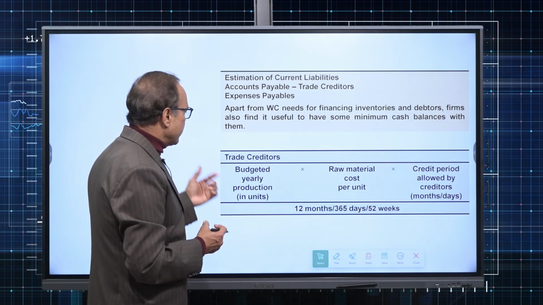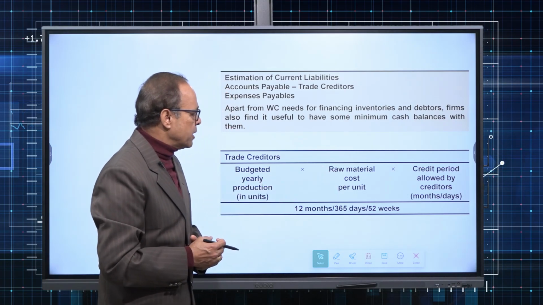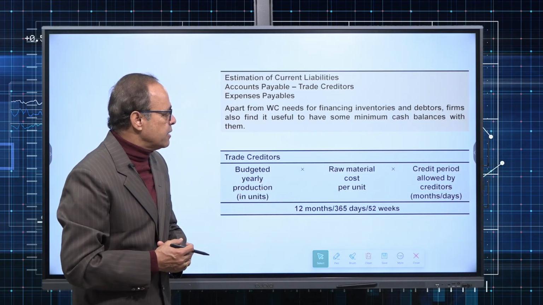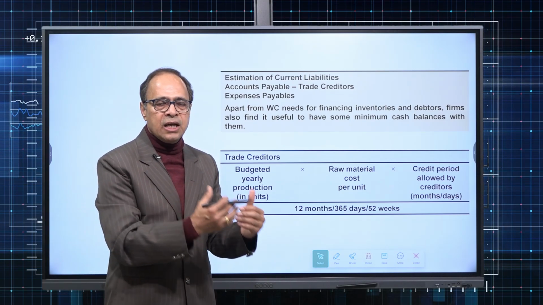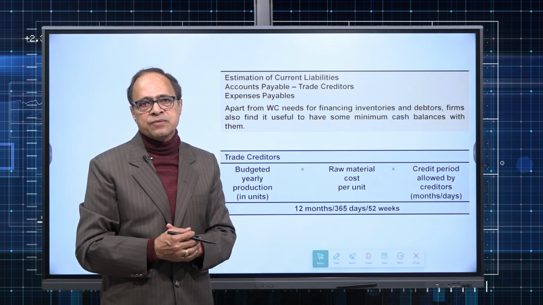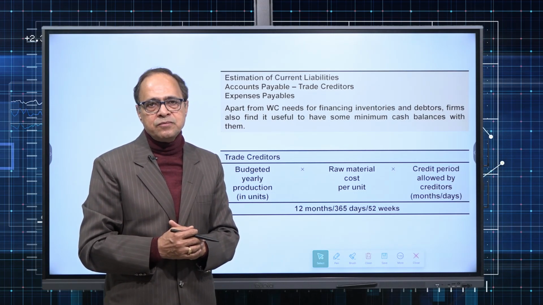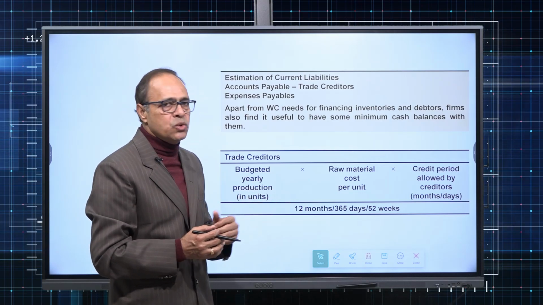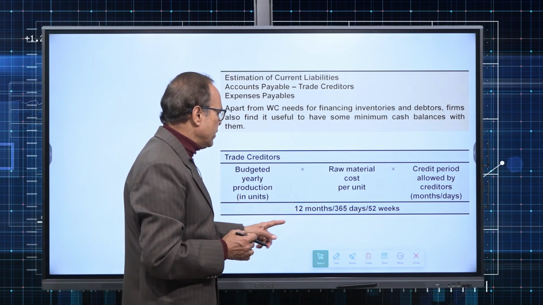So: budgeted yearly production multiplied by raw material cost per unit multiplied by credit period allowed by creditors. As we allow credit period to our customers, suppliers also provide credit to us. Therefore, it will be given to you either in months, days or weeks. Divide with the relevant factor.